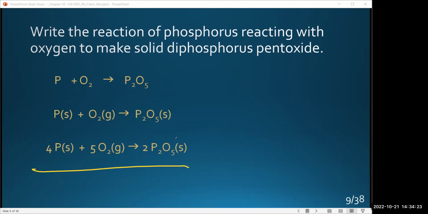You might be asked, as the chemical engineer, I need to make 10 tons of this material, okay? And with that information, you need to figure out, well, how much oxygen do I need? And how much phosphorus do I need? All right, and the chem engineer can calculate that real quick.